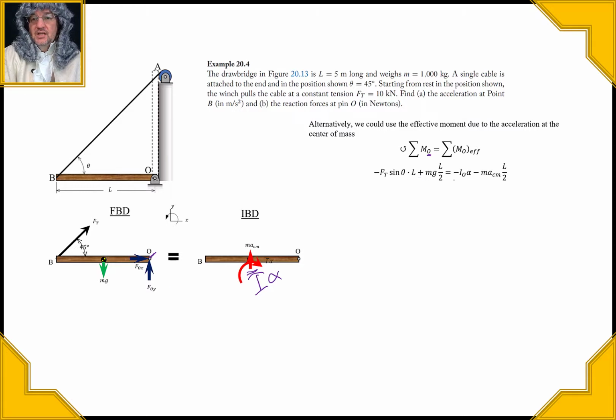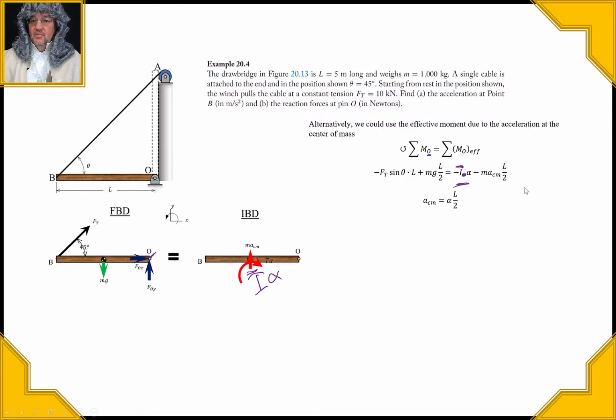But now you can see that we have not only the I alpha, and that right there, by the way, should be this right here. So that's a mistake. That should be I bar times alpha, and we also should have the mass times the acceleration at the center right there.